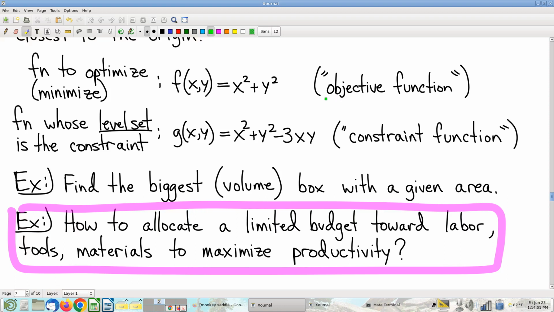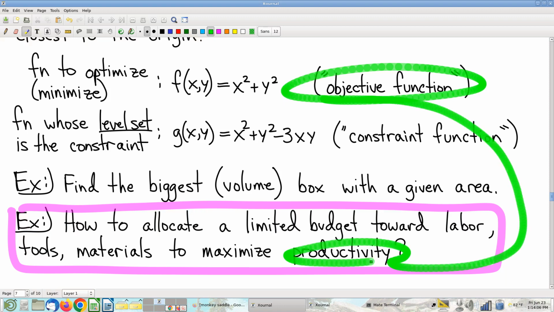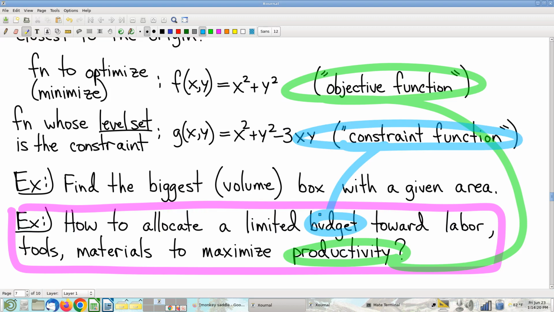My objective, the thing that I want to maximize, is productivity. I'm going to need to write down a formula for productivity as a function of whatever my parameters are. What's my constraint? I have a limited budget. My budget has to be a fixed constant, because I only have so much of it. Does that make sense?